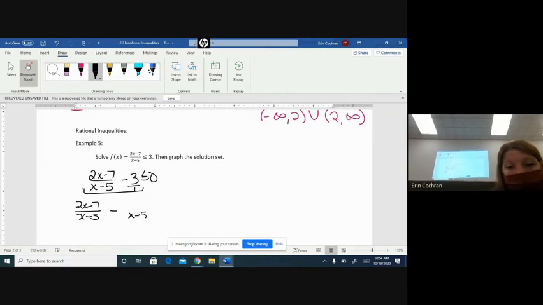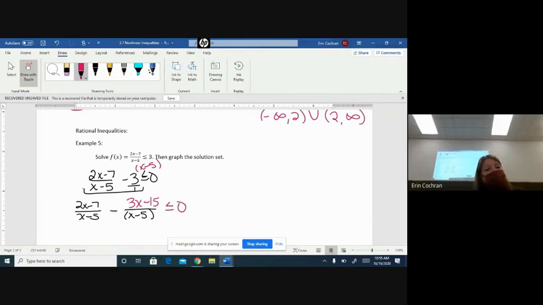So if I want 3 over 1 to be something over x minus 5, what would I have to multiply the numerator by? X minus 5, right? So what is 3 times x? 3x, right? And what's 3 times -5? -15, right? Is less than or equal to 0.